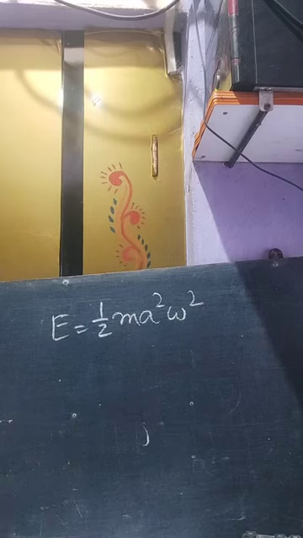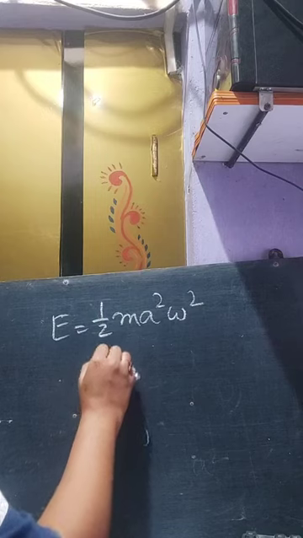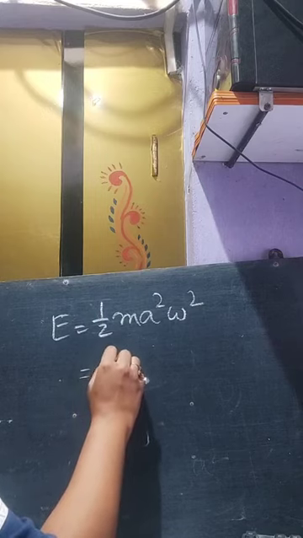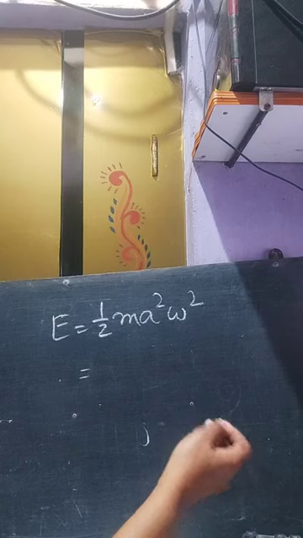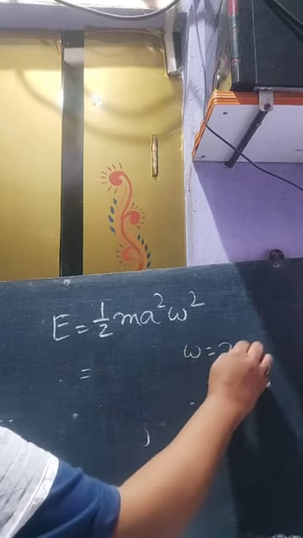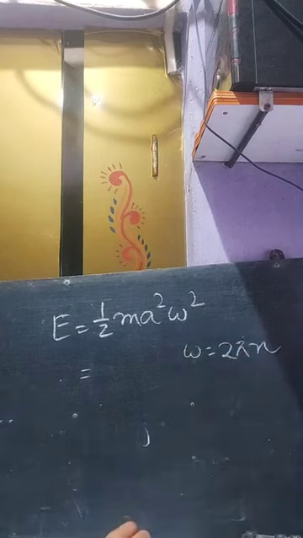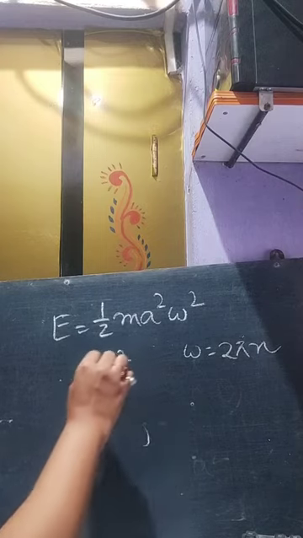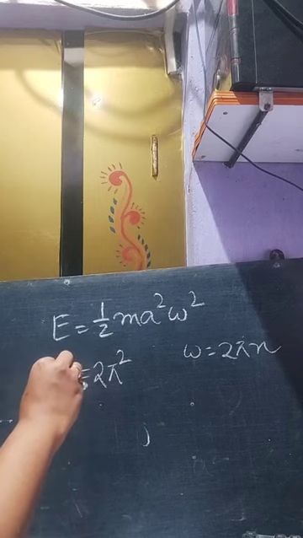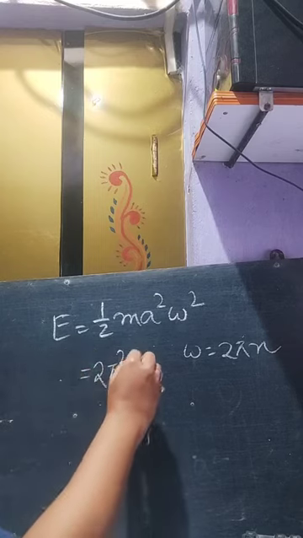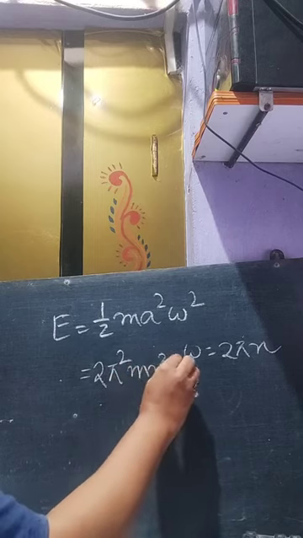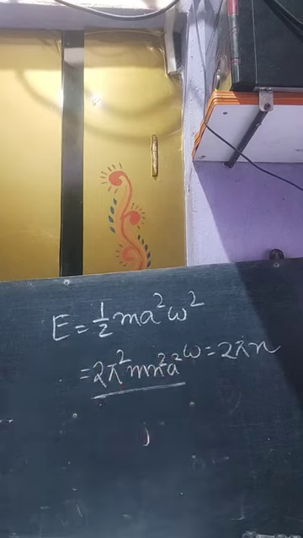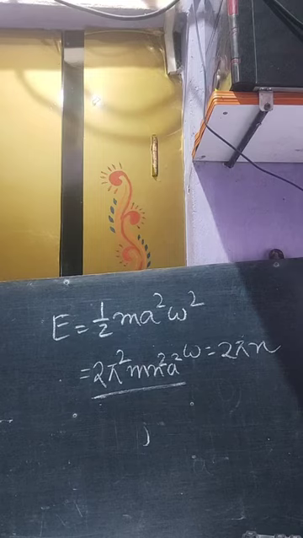Now, if we want to represent this omega in terms of frequency, instead of omega, if we put omega equals 2 pi n, where n is the frequency, then it becomes 2 pi square m n square A square. So, this is the generalized term for the energy in SHM.